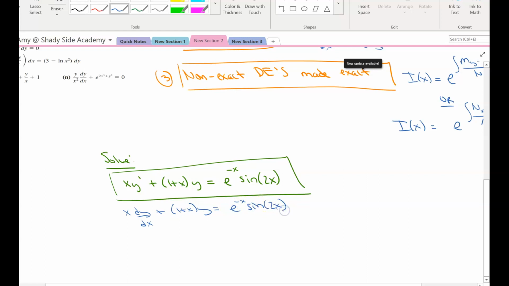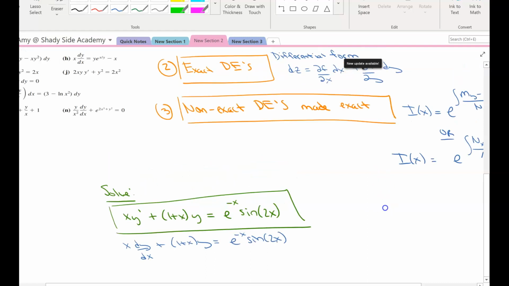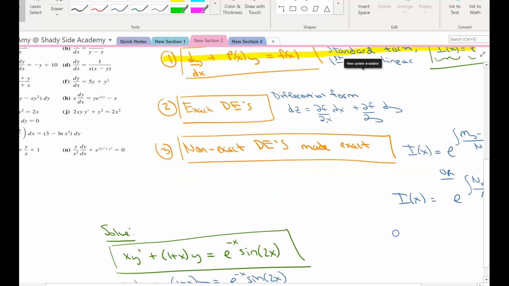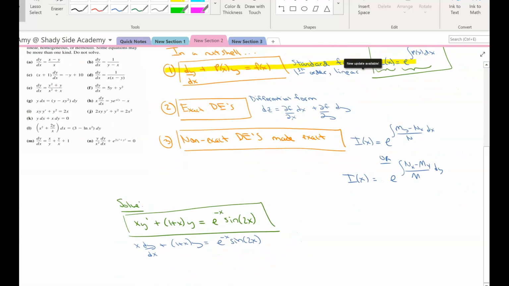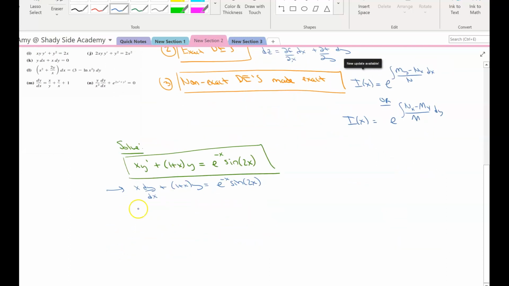Now we have to make one modification before we begin. For this to be in this nice standard form, we're going to divide this differential equation by x so that my first term is just dy dx. When I do that, I get this.